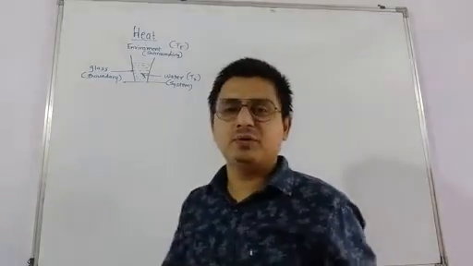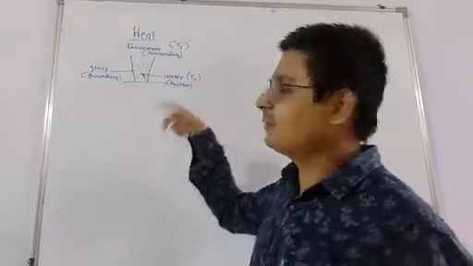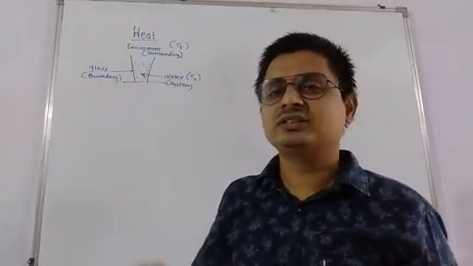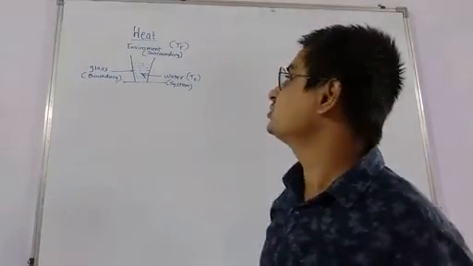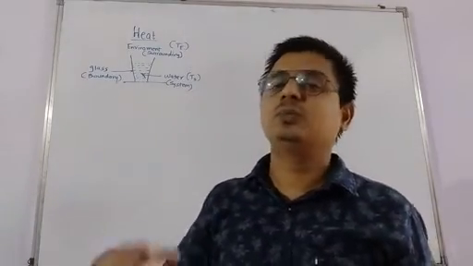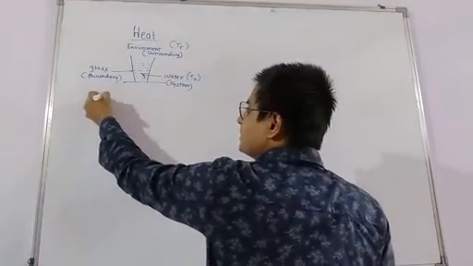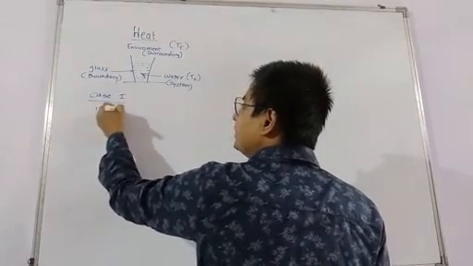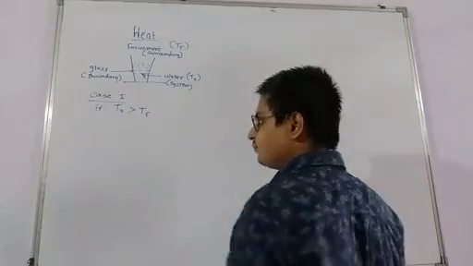So there are three possibilities that we can observe. The system temperature might be greater than the temperature of the environment, or the temperature of the system might be less than the temperature of the environment, or both are equal. So consider the three cases. Case 1: Ts is greater than TE.